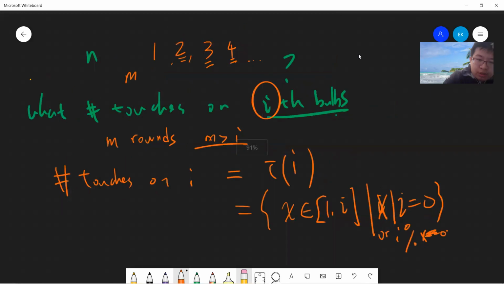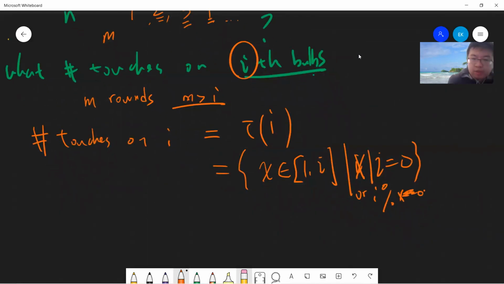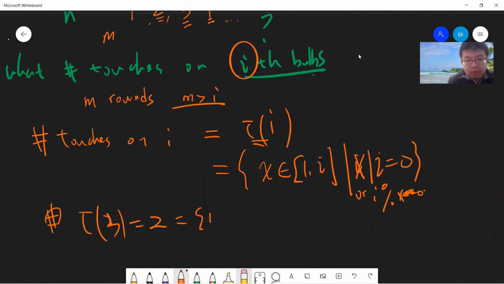Okay, so yeah, this is the answer. All we need to find is that. So for example, tau of 3 is 2, right? Because it's basically 1 and 3. 1 divides 3 and 3 divides 3, so it's the number of factors.